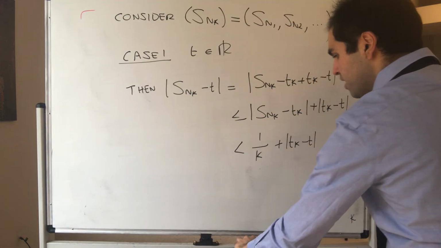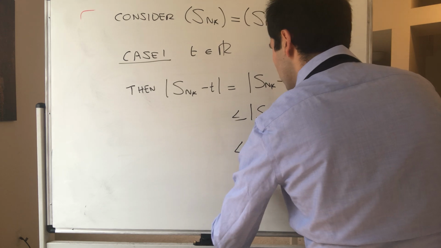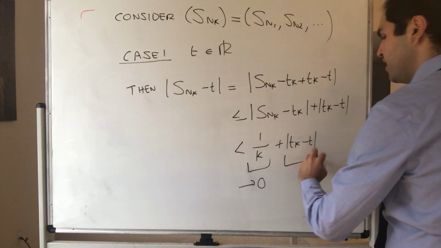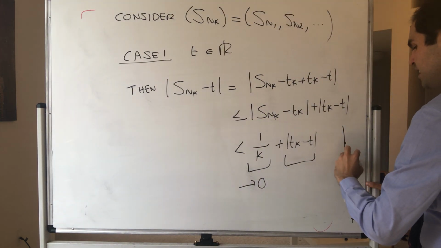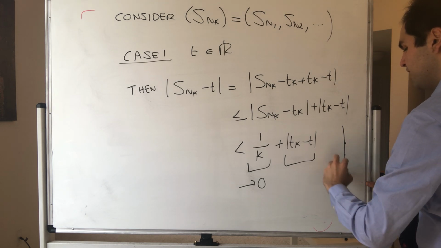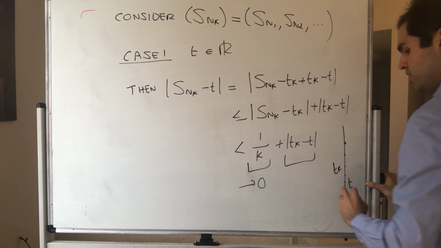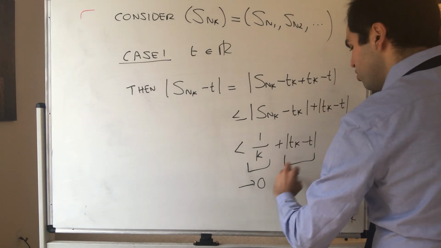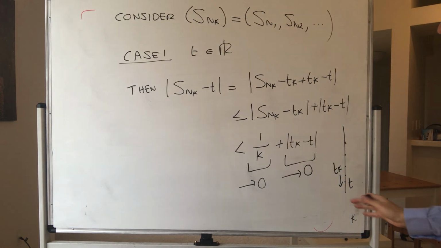Okay, but here's the thing. Well, 1 over k goes to 0 as k goes to infinity. And remember what was T? Well, we assumed that Tk converges to T. So this also goes to 0 as k goes to infinity.